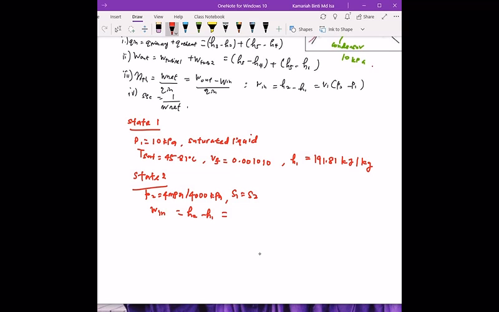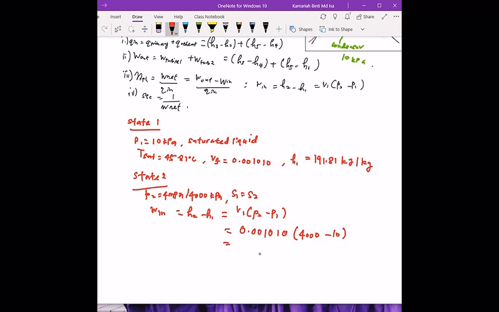The enthalpy at point 2 is something that we don't know yet, so we can just use V1 times P2 minus P1, which is equal to 0.001010 times 4000 kilopascal minus 10 kilopascal.